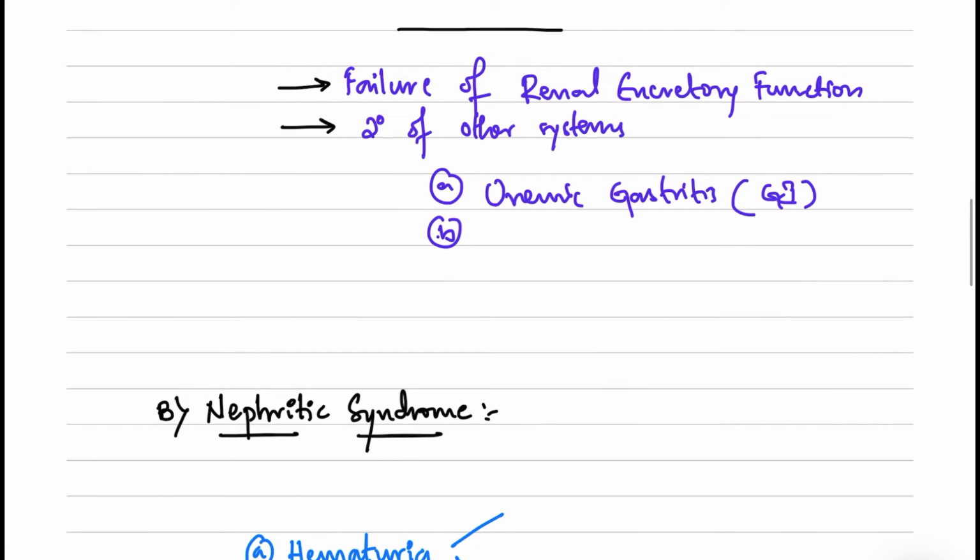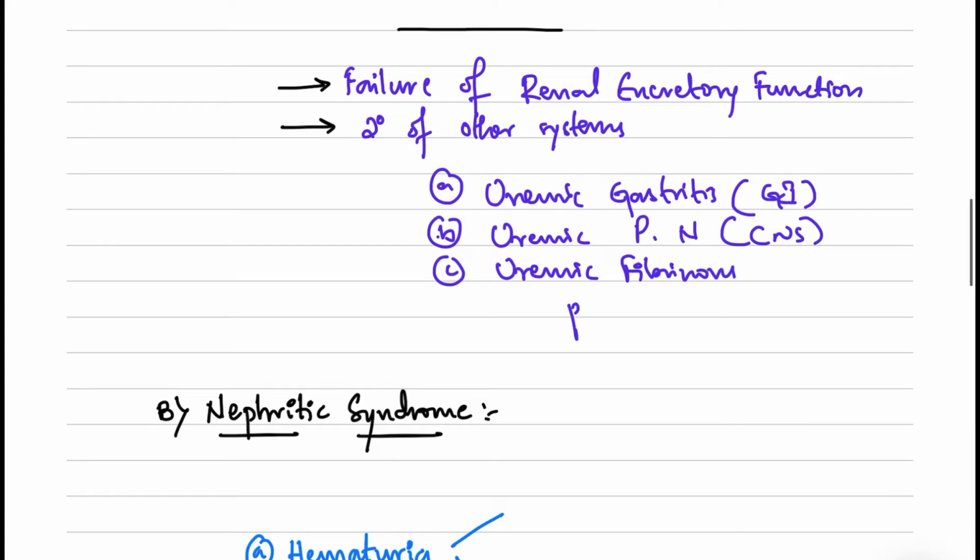Then it can also cause uremic peripheral neuropathy when it involves the CNS, or it can also cause uremic fibrinous pericarditis. Okay, so this is when it involves the CVS.